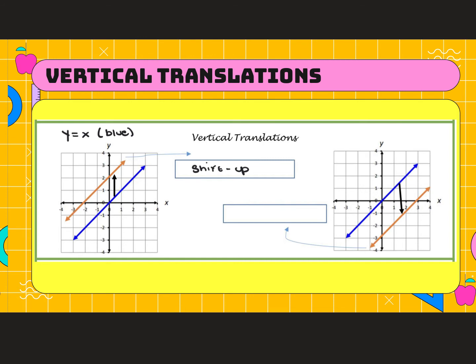And then in the second graph, we can see that it is a shift down. All right. And you can actually see with the arrows in the directions that you're not changing your slope. The only thing that's changing here in a vertical translation is your y-intercept.